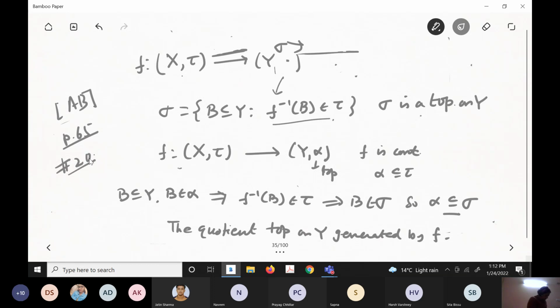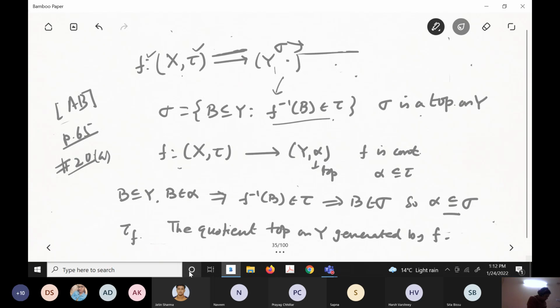Look, he has not given onto, but later on I will need it. Okay. Right. So the 20A. He's calling this quotient topology tau f because you need both tau and f, not only f. The quotient topology determined by this. Okay.